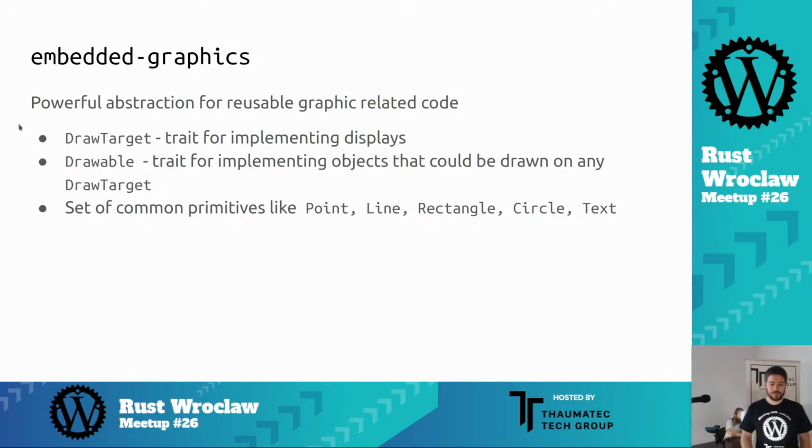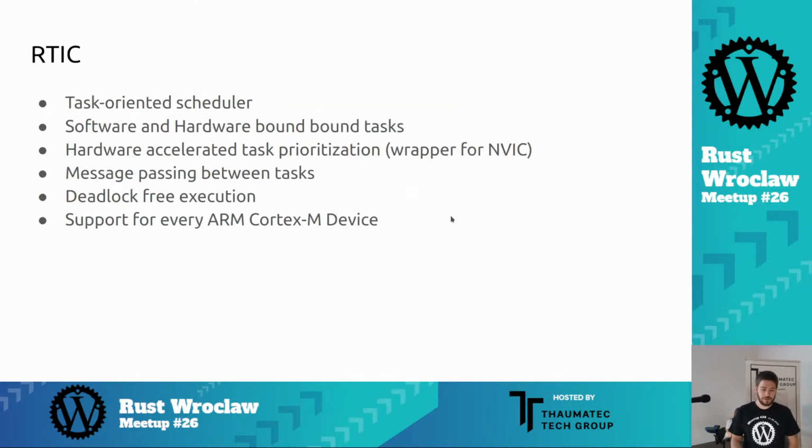So it consists basically of the draw target, which is an implementation of a display, and the drawable, which is sort of a thing that we want to draw on the display. It also provides some primitives like point, line, rectangle, circle, text, image, and so on.